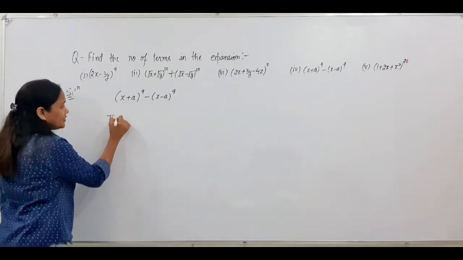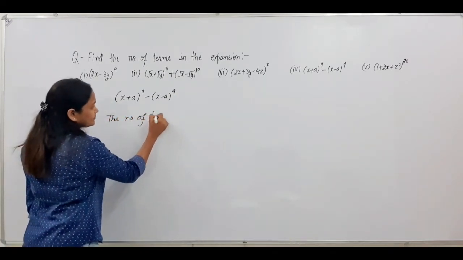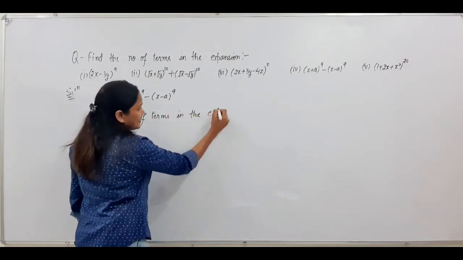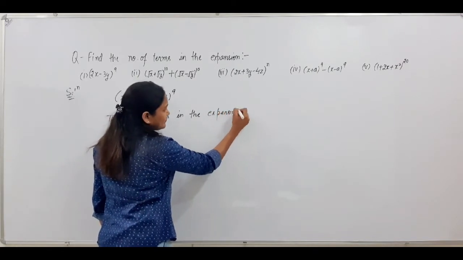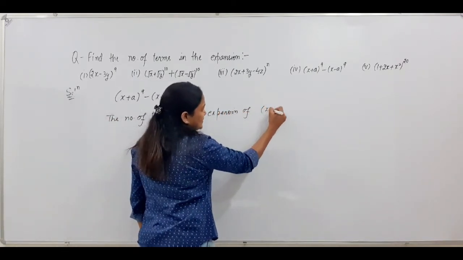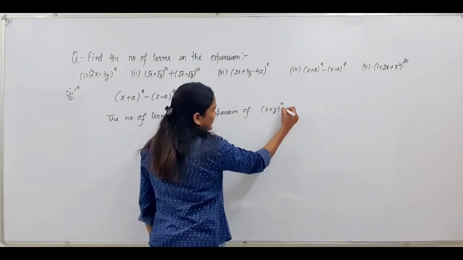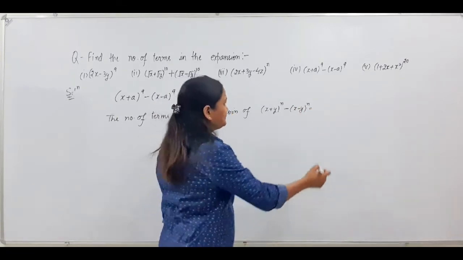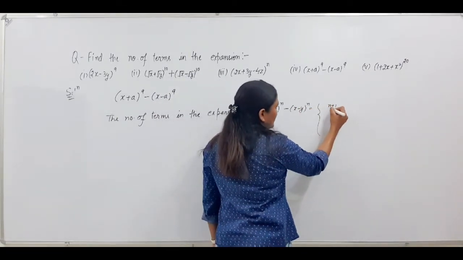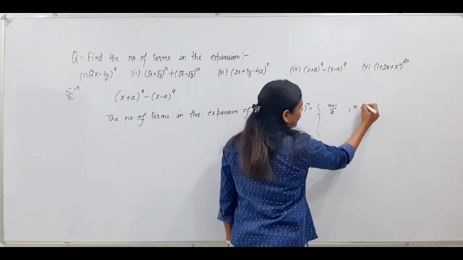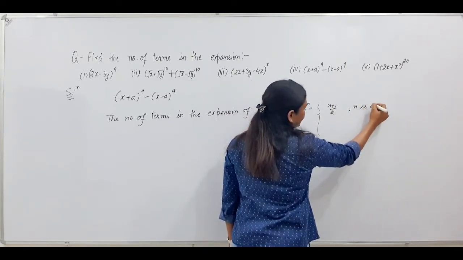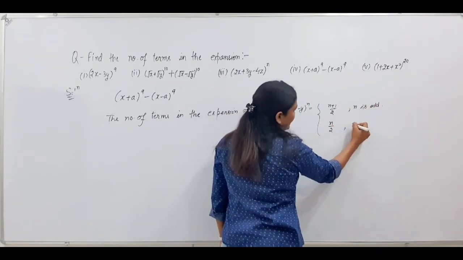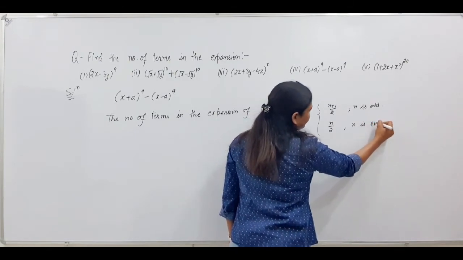We know that the number of terms in the expansion of (x + y)^n − (x − y)^n is (n+1)/2 when n is odd and n/2 when n is even.